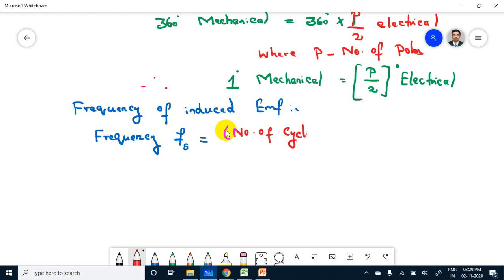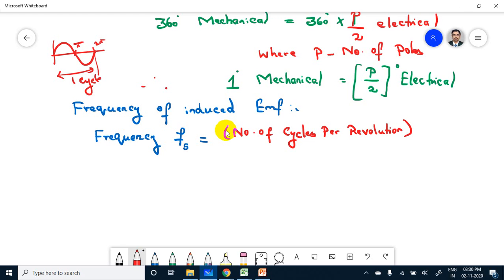How much is one cycle? One cycle is 360 degrees, right? This is pi, 2 pi. We call this one cycle.